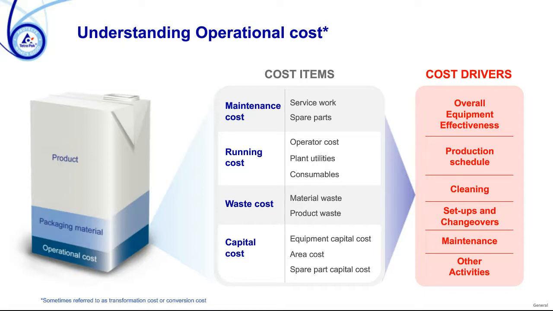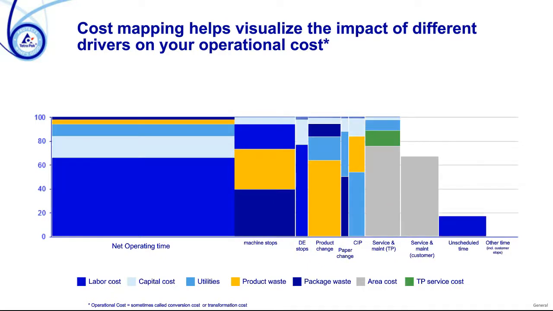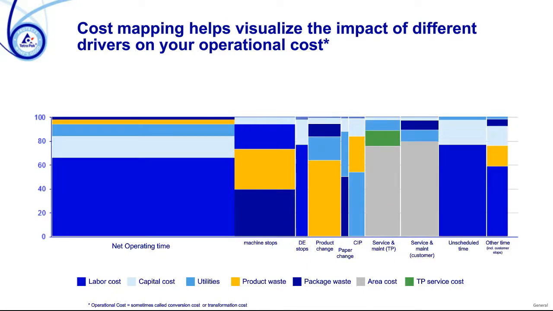Now, if you want to look at an individual operation and how to optimize it, we use what we call cost mapping. And cost mapping is an activity that is based on activity-based costing. And we use that to visualize how your operational cost is split and how the different activities contribute to the overall operational cost.